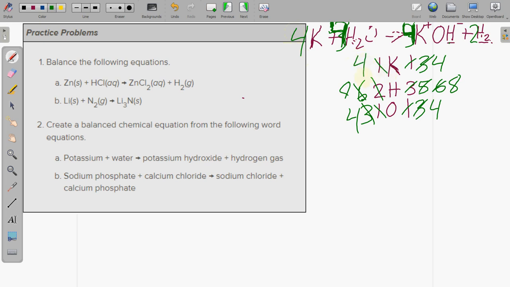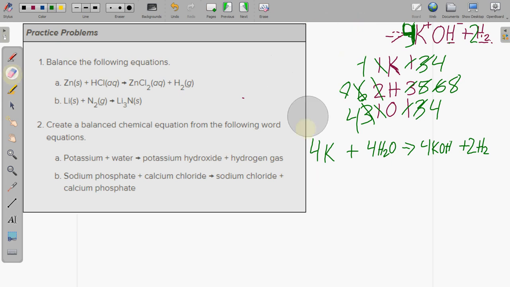So the answer would be 4 atoms of potassium plus 4 molecules of H2O produces 4 molecules of KOH, potassium hydroxide, plus 2 molecules of hydrogen gas. All right. So pause here, get that down, and then move on.